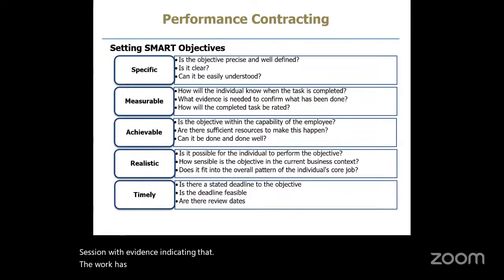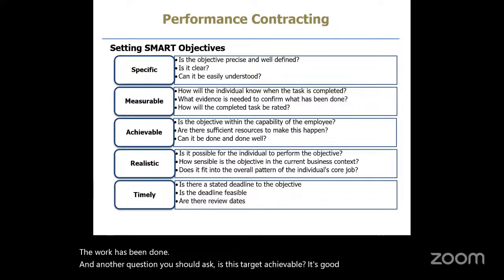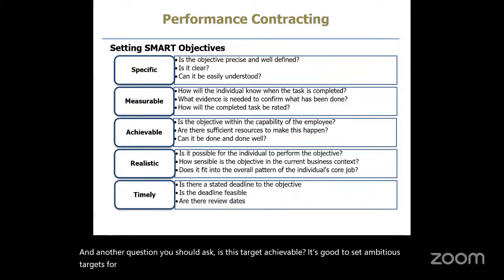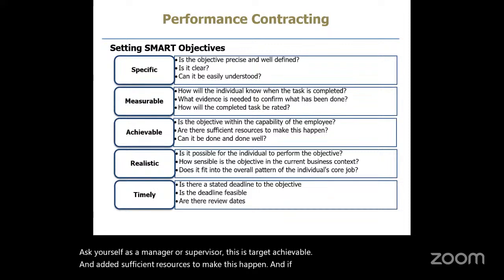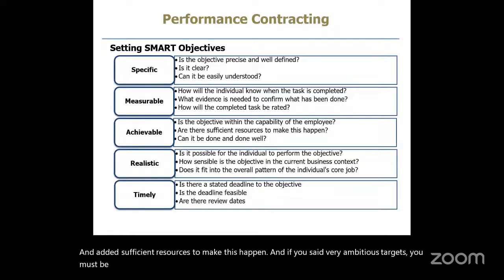And another question you should ask, is this target achievable? It's good to set ambitious targets for employees, but you have to ask yourself as a manager or a supervisor, is this target achievable? And are there sufficient resources to make this happen? If you set very ambitious targets, you must be mindful that those targets require resources to be attained.